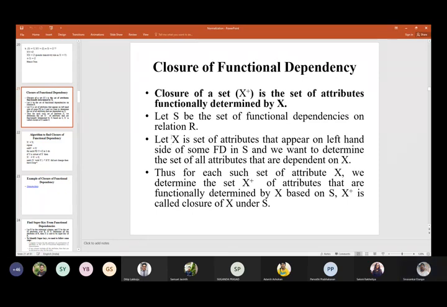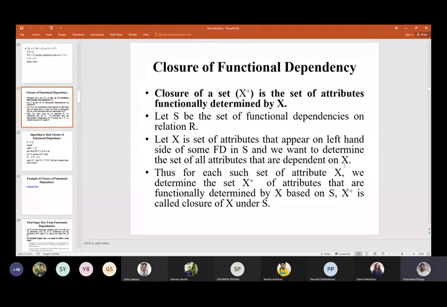Let S be a set of functional dependencies on a relation R, and let X be a set of attributes that appear on the left hand side of some functional dependency in S. We want to determine the set of all attributes that are dependent on X, right?